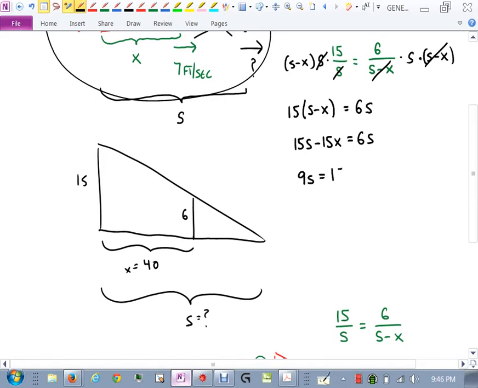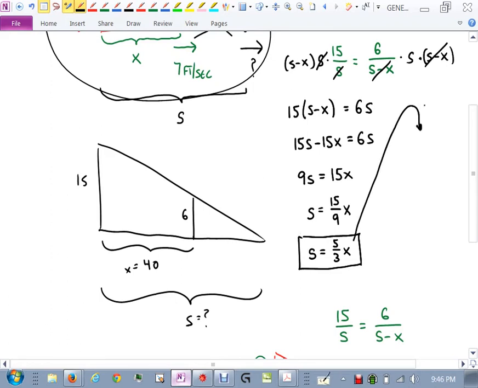and I move the negative 15X to the other side. And so I get S is equal to 15 over 9 X, reducing that fraction. 3 goes into both of those, 5/3 X. So S will always be 5/3 X. And now I can take that and differentiate with respect to time. So the derivative of the left side is ds dt.